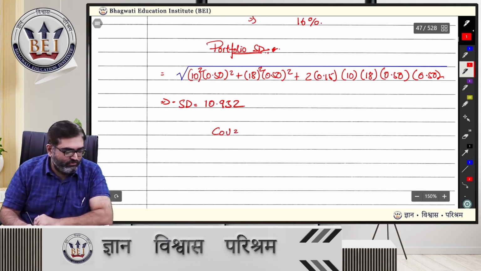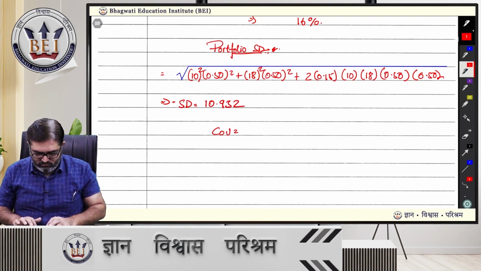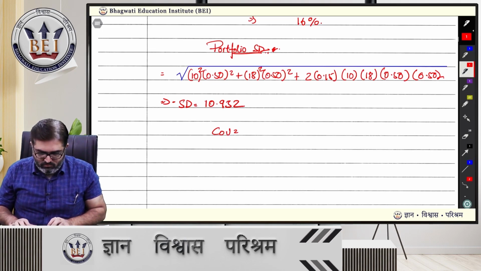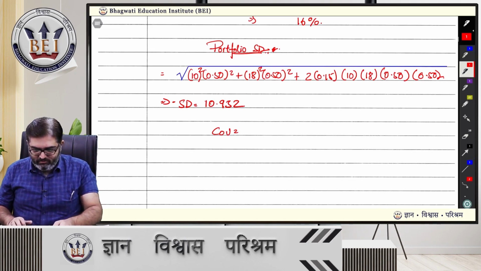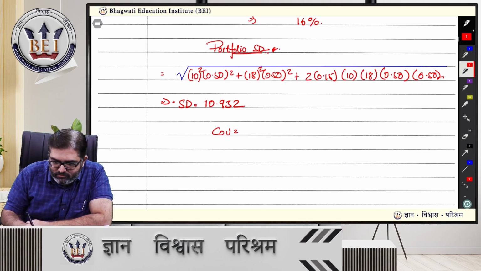COV, coefficient of variation, 10.932 divided by 16, so that's 0.683.